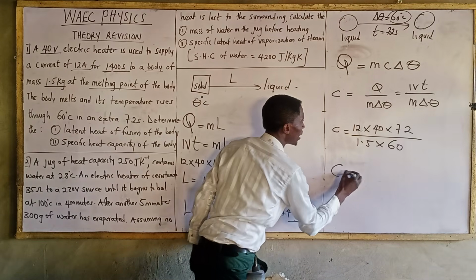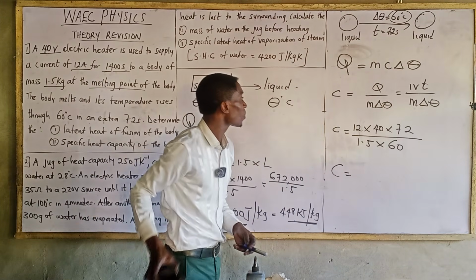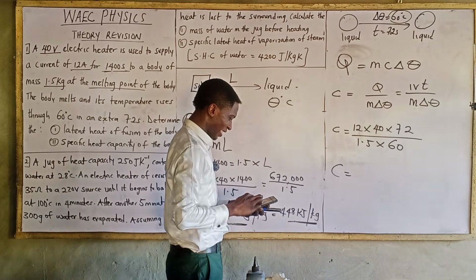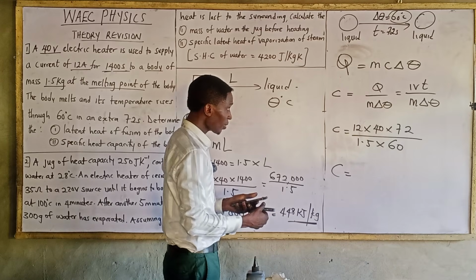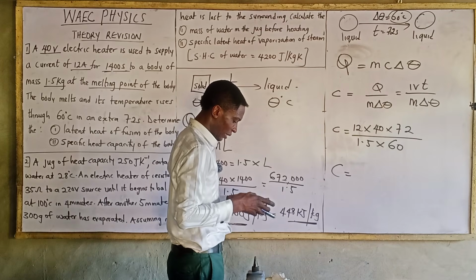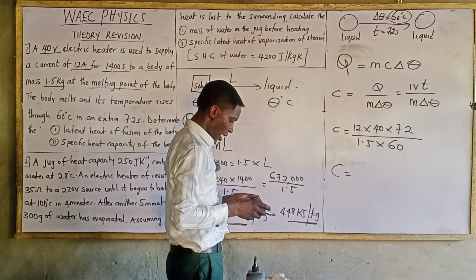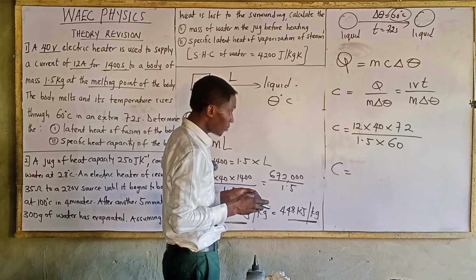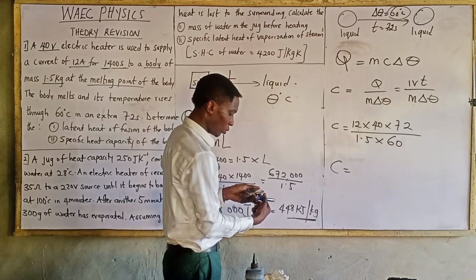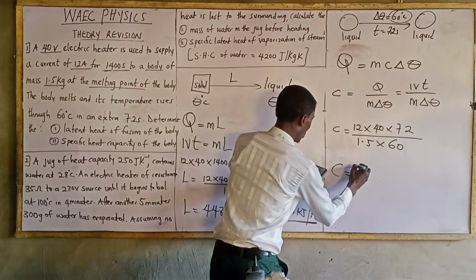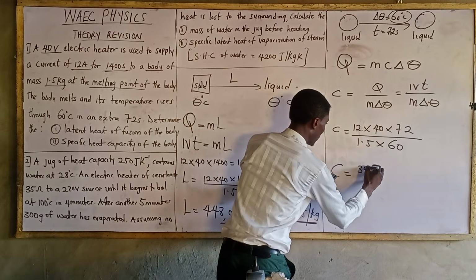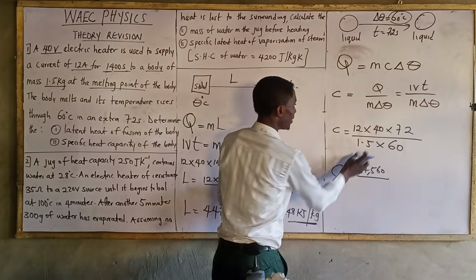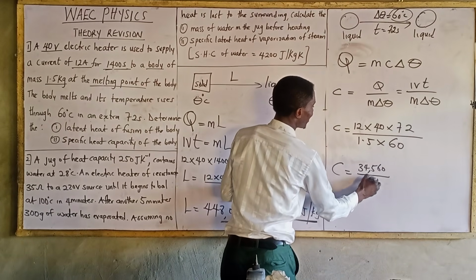So we've got C equal to, let's see what becomes of that on the calculator. I have 40 multiplied by 12 multiplied by 72. That is 34,560, divided by 1.5 times 60, that is 90.